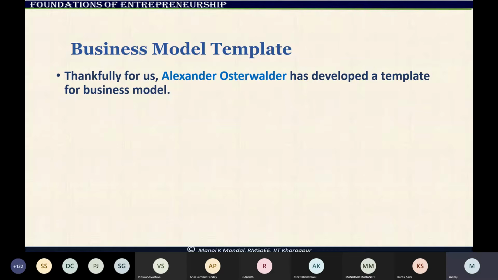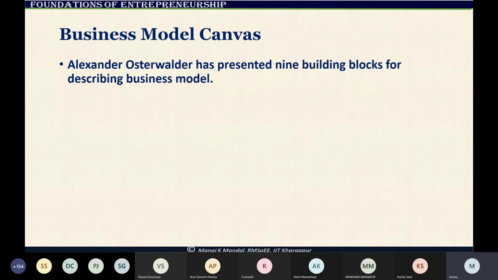Now, Alexander Osterwalder came up with this single template, which is a canvas of 9 building blocks, and that is the talk of today. So why this canvas and how is it going to help you? One is when you think of innovating a business model.